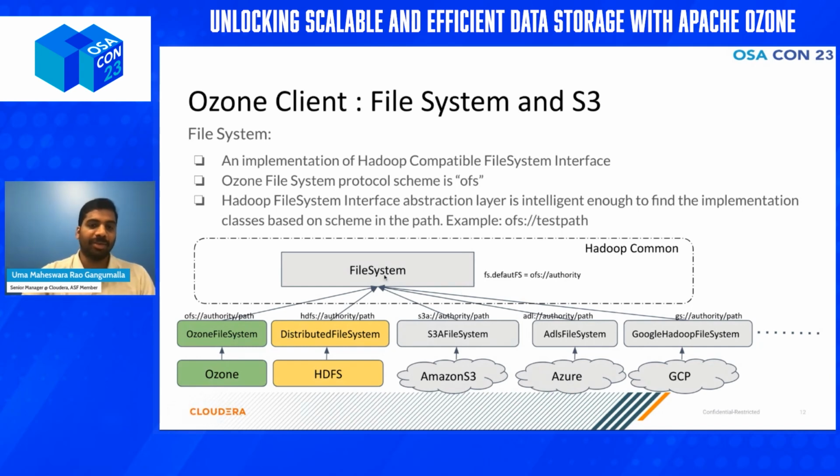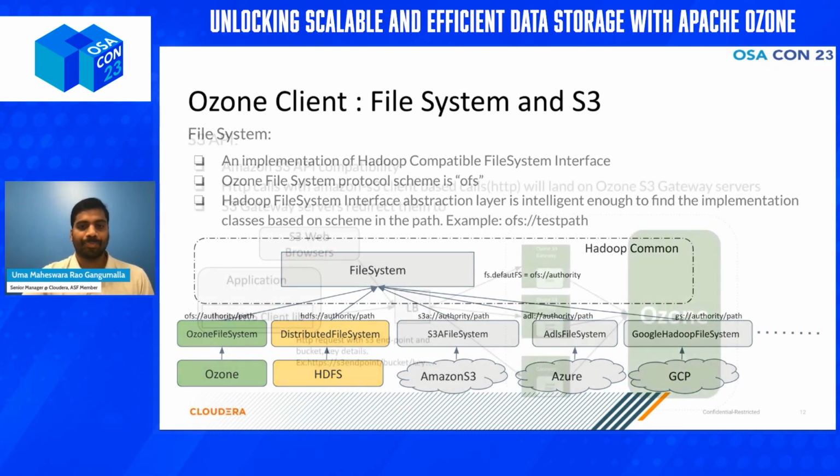Hadoop itself has a file system abstraction, so a lot of file systems got implemented, like the Amazon S3 file system and ADLS, and Ozone is one of those file systems. Based on the scheme OFS, the system will redirect to the Ozone file system. This is how many applications use the Hadoop file system interface today, so the integration with Ozone file system is a seamless transition.